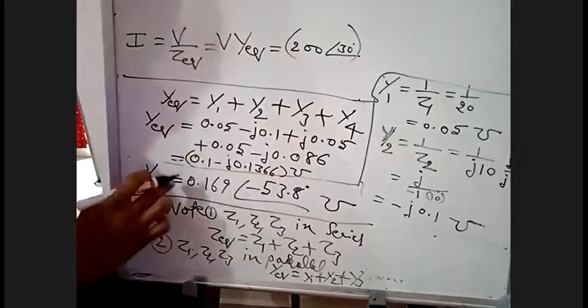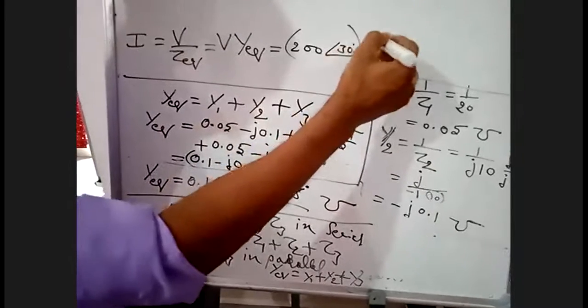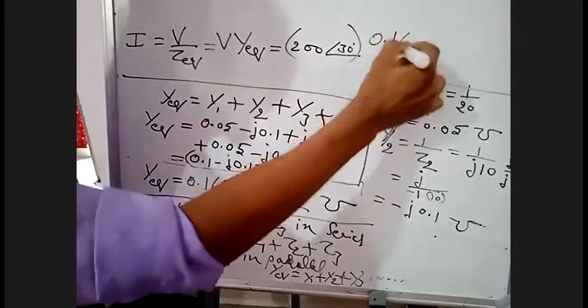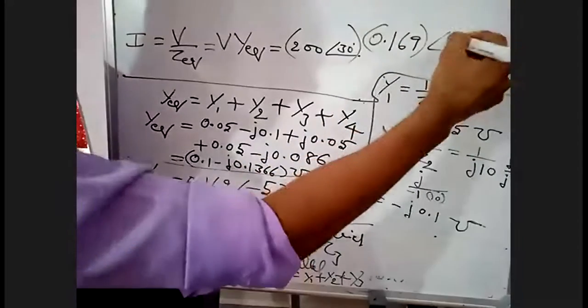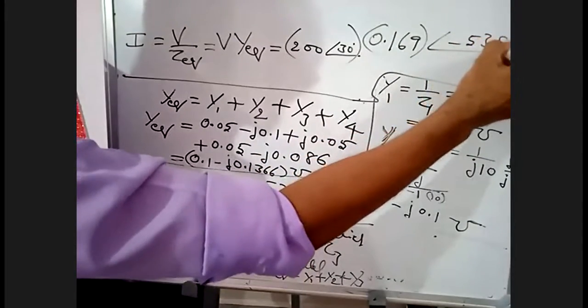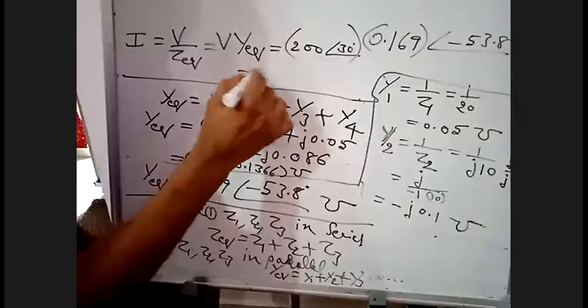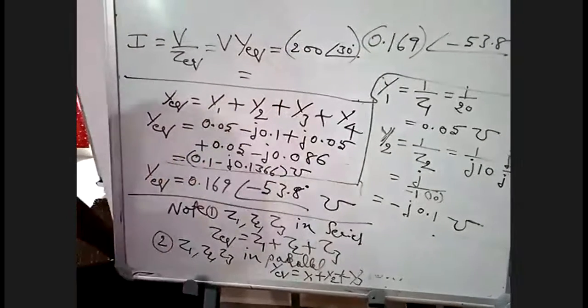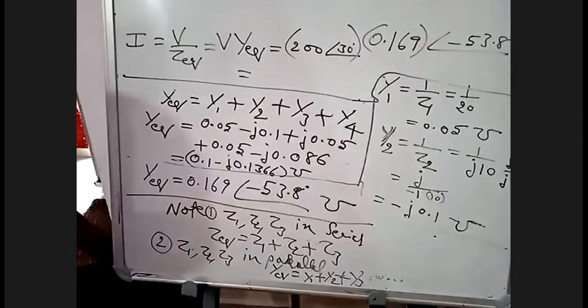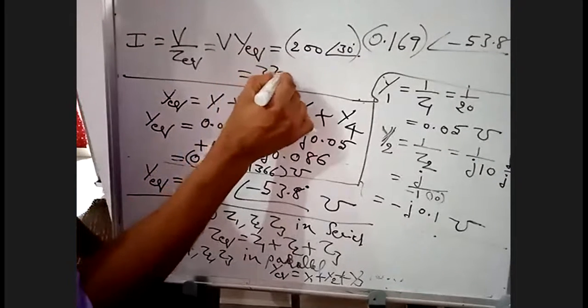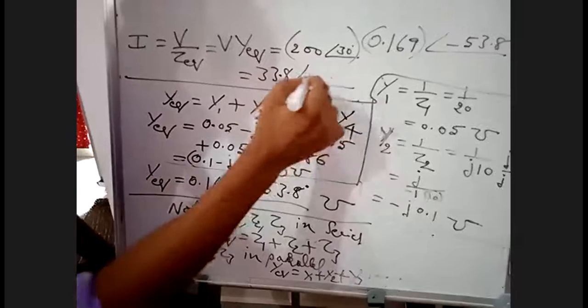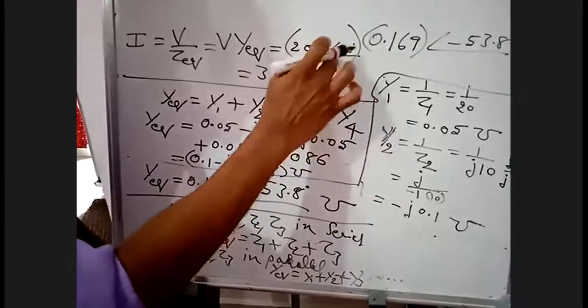For multiplication, you take polar form, it will be easy. What is 200 into 0.169? Now add these two angles.